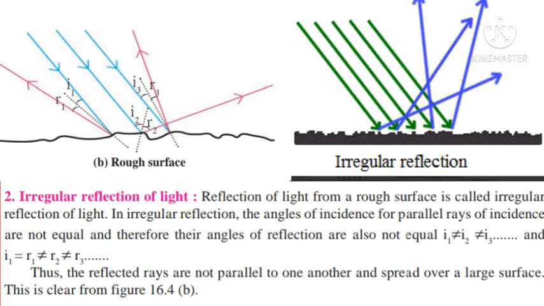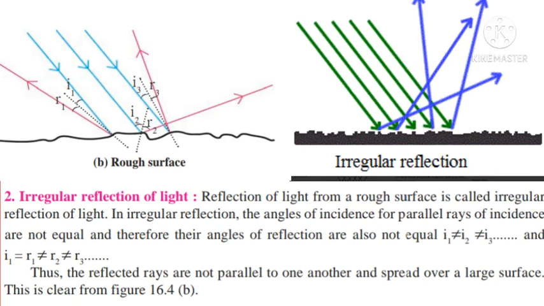That is, I1 ≠ I2 ≠ I3 and R1 ≠ R2 ≠ R3. Thus, the reflected rays are not parallel to one another and spread over a large surface.